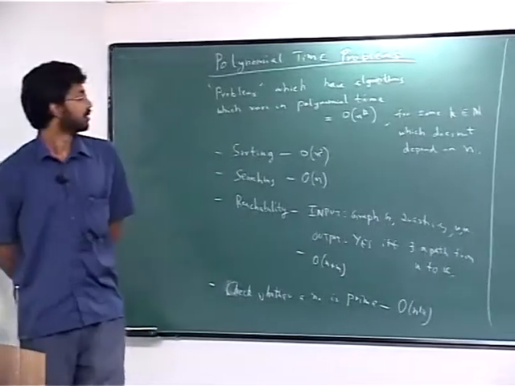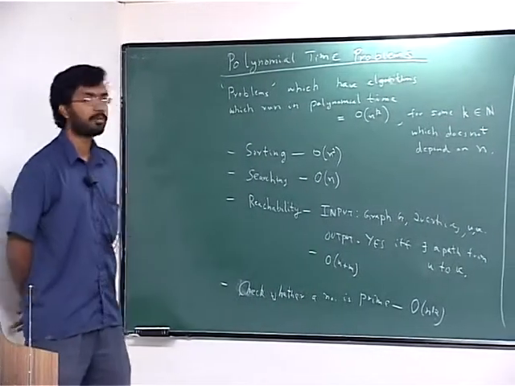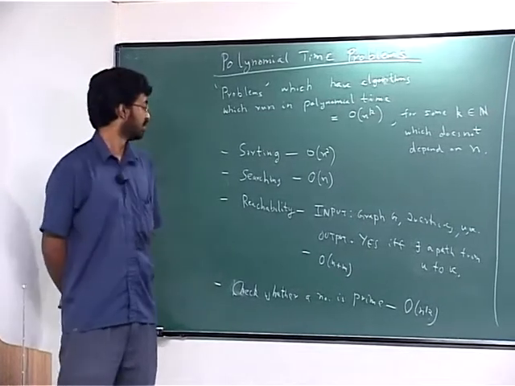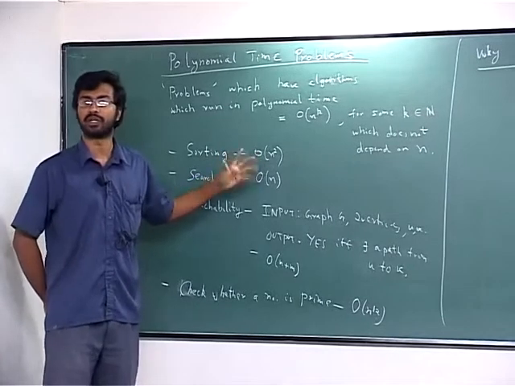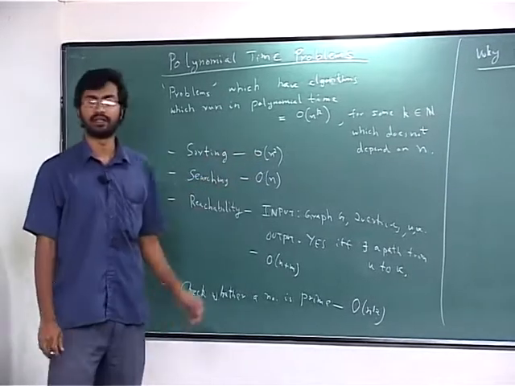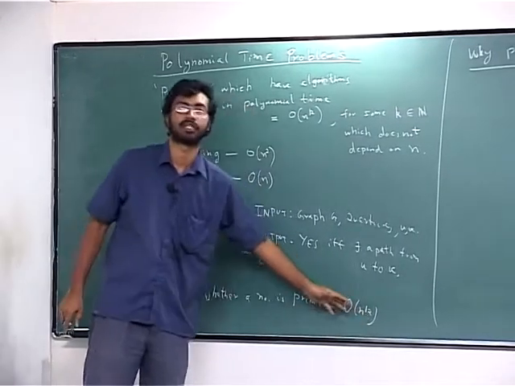One reason is that most of the polynomial time algorithms which we know are of this form, something like order n cube, n square, or even order n. Very rarely are polynomial time algorithms of this form, something like n to the 12.